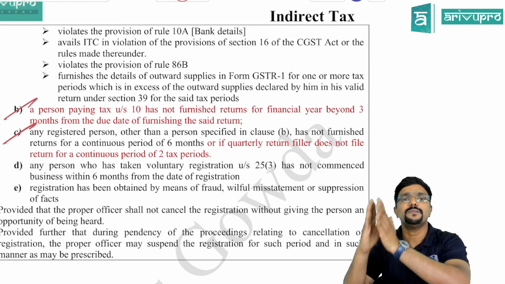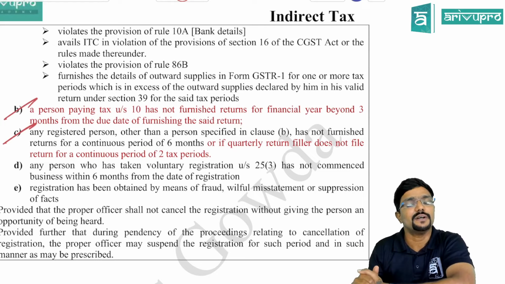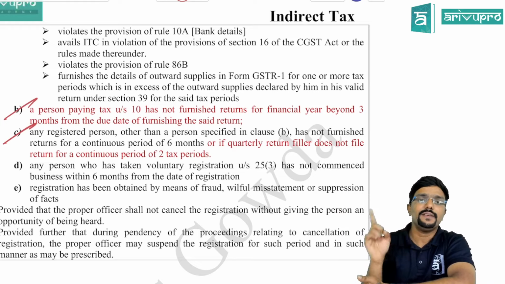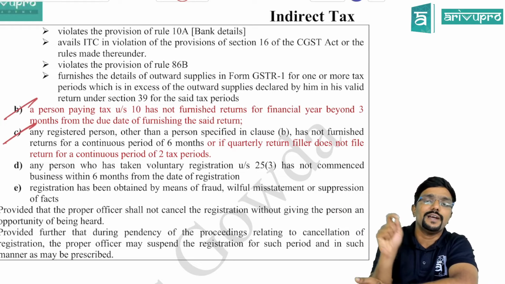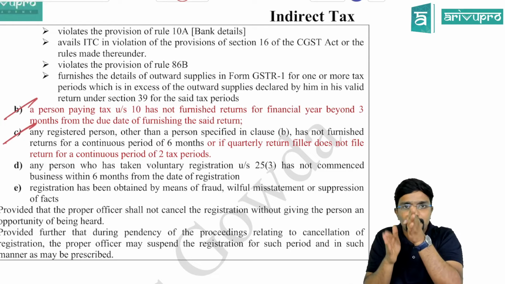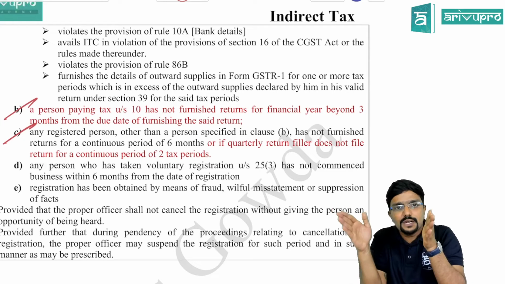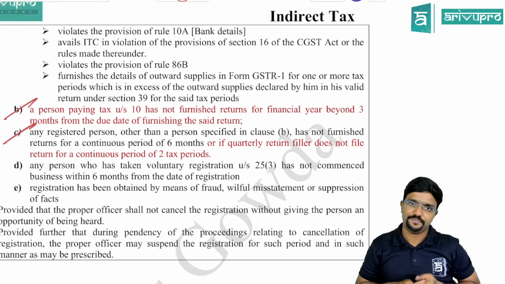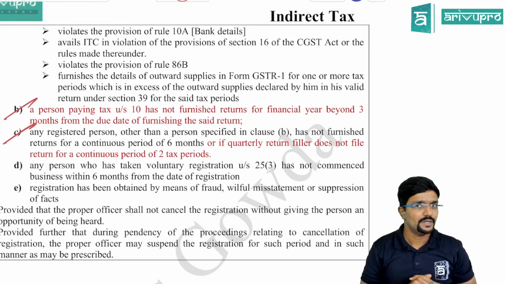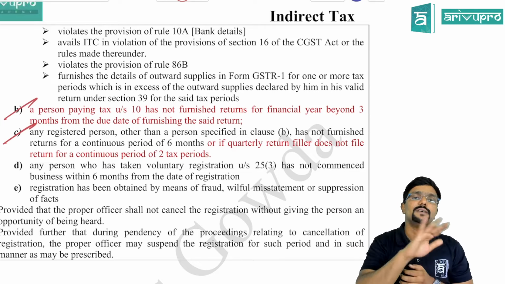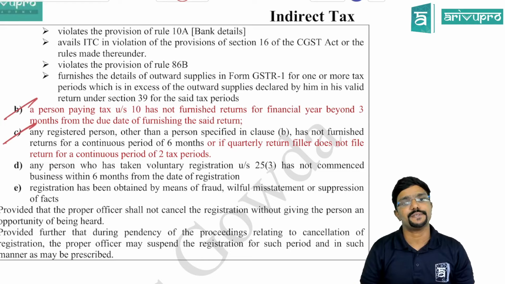One, they have to file within 30th April of next financial year, and another one within 31st December of next financial year. If they don't file any of these returns within 3 months from the due date, whatever is the due date for them plus 3 months is given. Within that time also, if they don't file it, then their registration can be cancelled. Even for 1 year, if they fail to file the return beyond 3 months from the due date, then their registration can be cancelled.